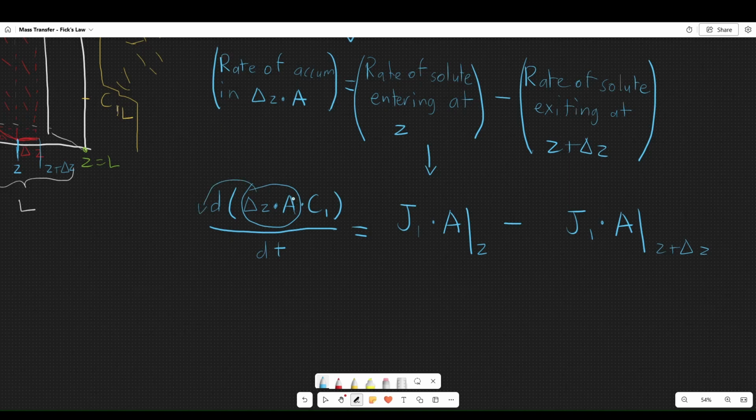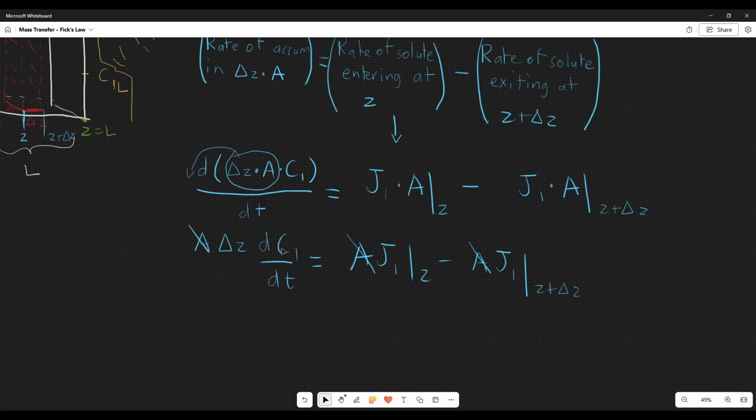What we get is A delta Z dC1 by dt is equivalent to A J1 at Z minus A J1 at Z plus delta Z. Now we can cancel out all the A's.